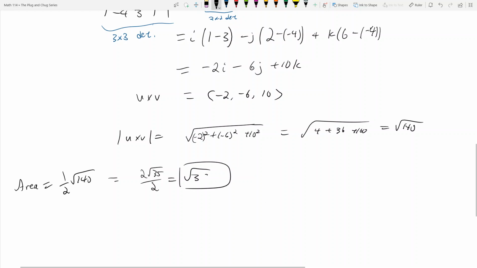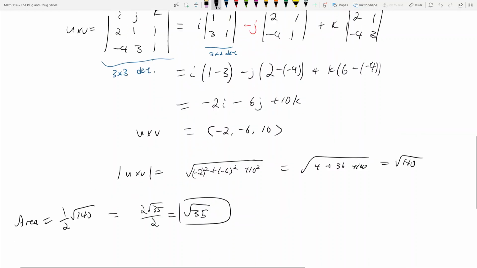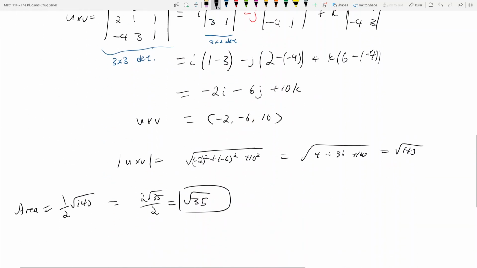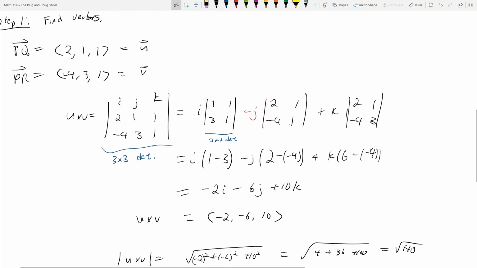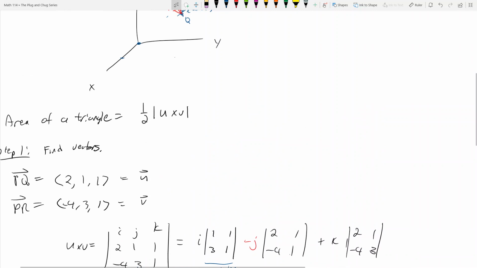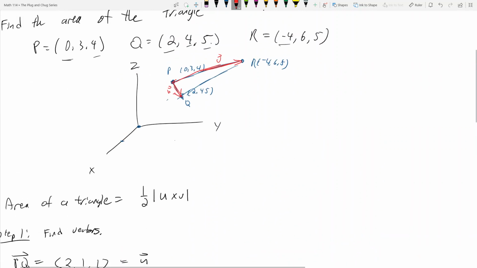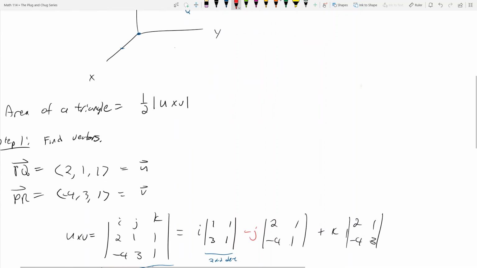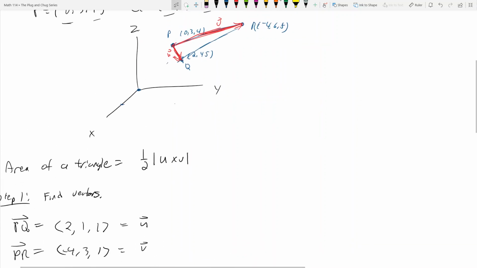And so how does this tie into parallelograms? Well, when you have these two vectors, 2, 1, 1 and negative 4, 3, 1, right? So that's PQ and PR. PQ and PR are 2, 1, 1, right? And negative 4, 3, 1. So that's u and v.